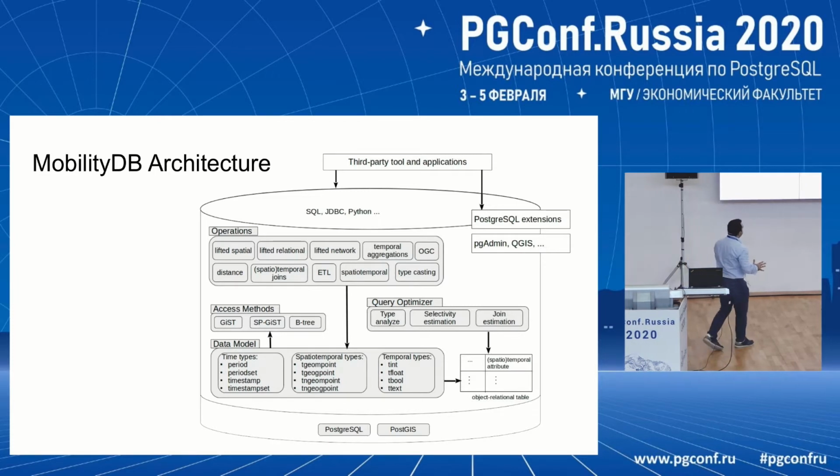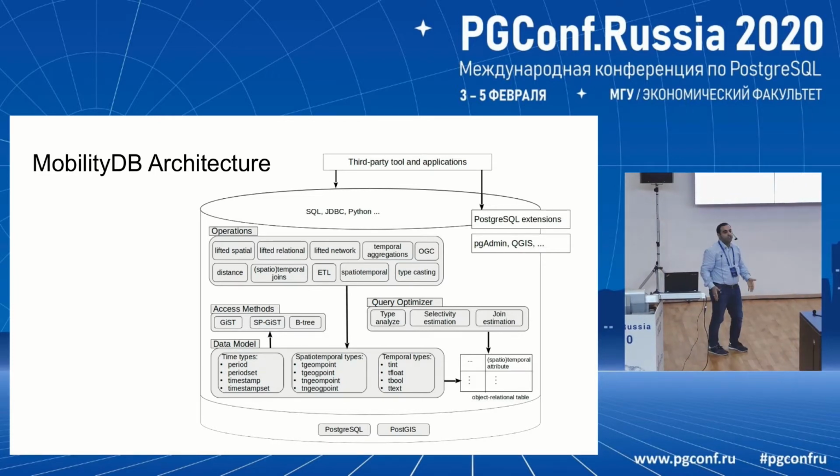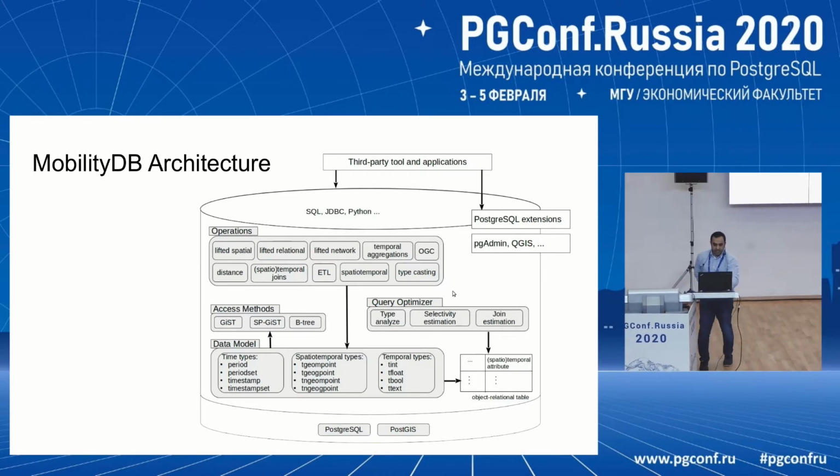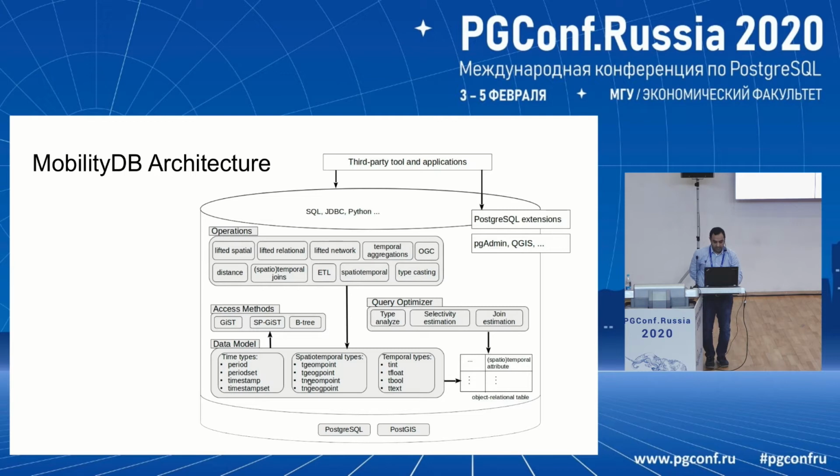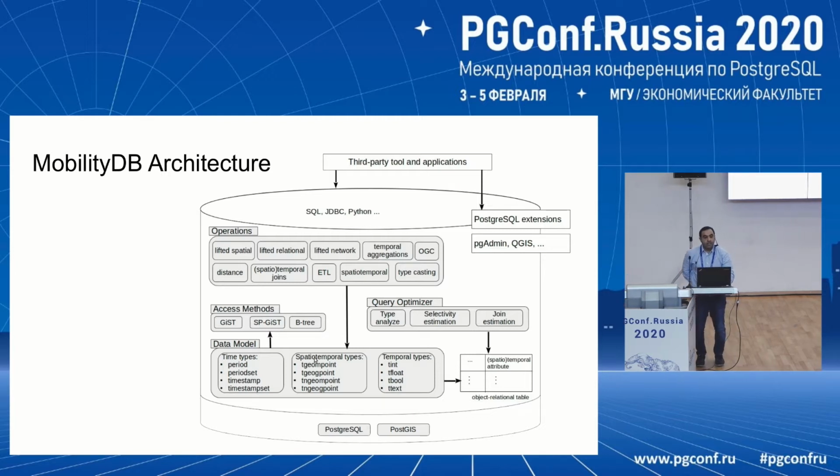The general architecture of MobilityDB is a vertical extension of PostgreSQL. So it starts with the data model by extending spatiotemporal types. There are time types for period set, timestamp set, and spatiotemporal types for representing moving points or moving network points.